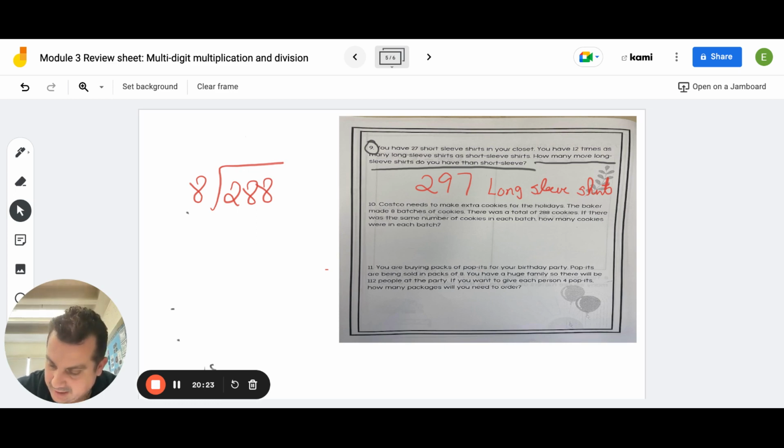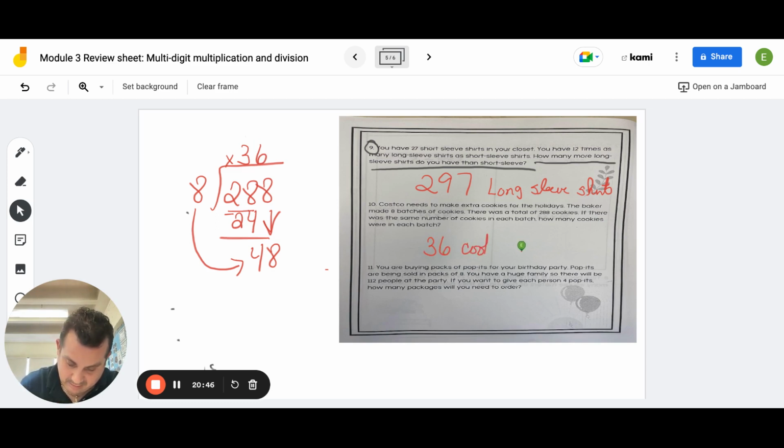Let's do it. 8 can't go into 2, but 8 can go into 28. 8 times 3 is 24. Subtract, get 4. Bring down the 8. Now 8 goes into 48 6 times. So your answer is 36 cookies in each batch.